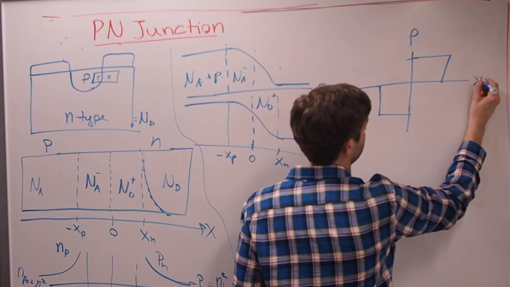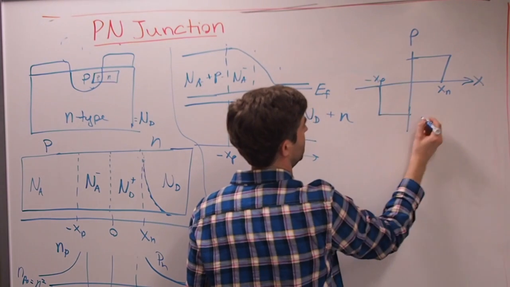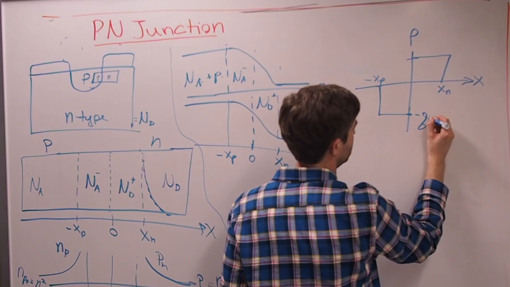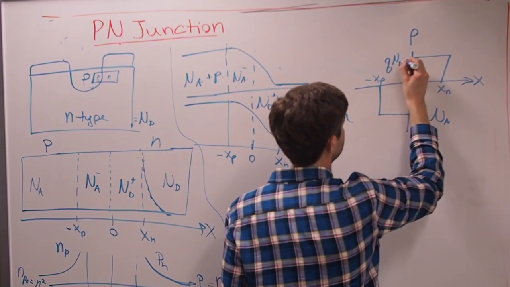Where this is x, this is xn, this is negative xp, and then this right here is negative q Na, and this right here is q Nd.